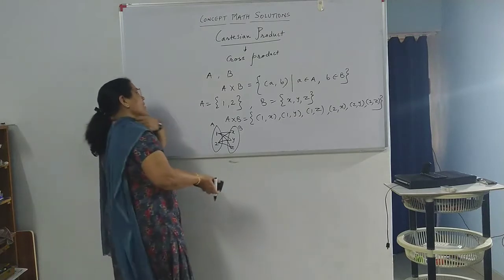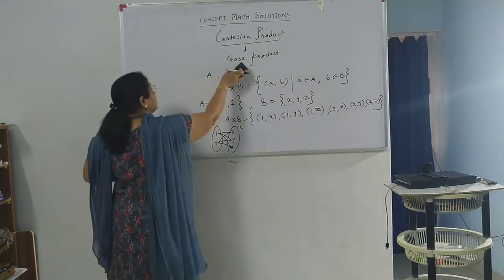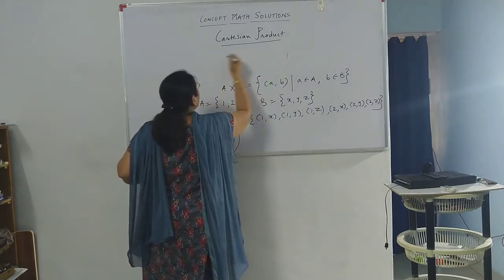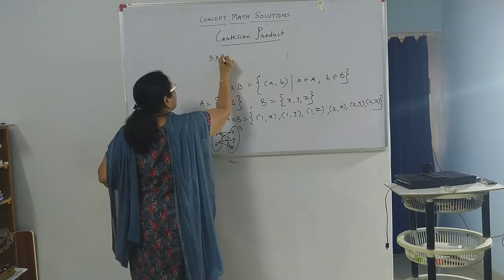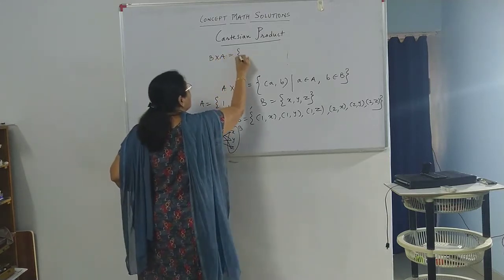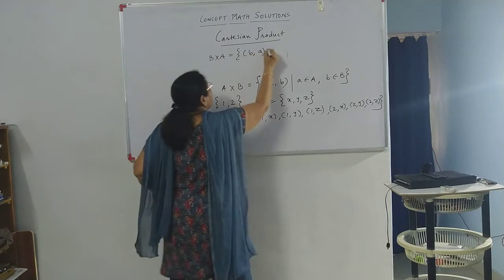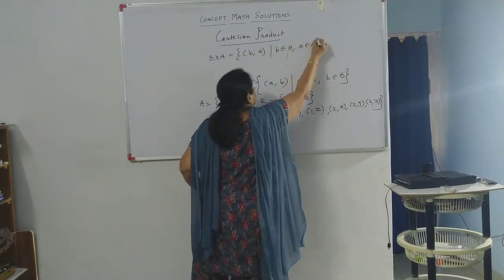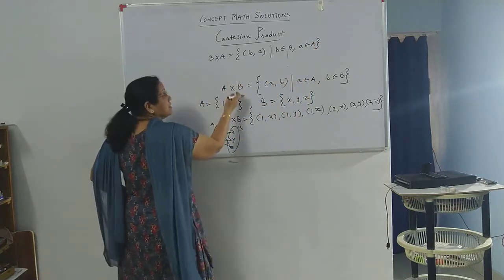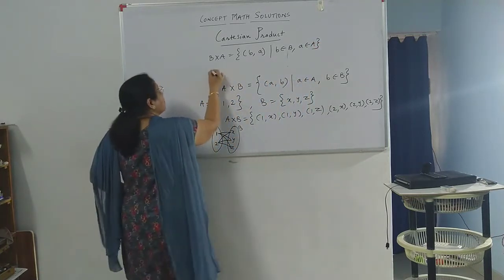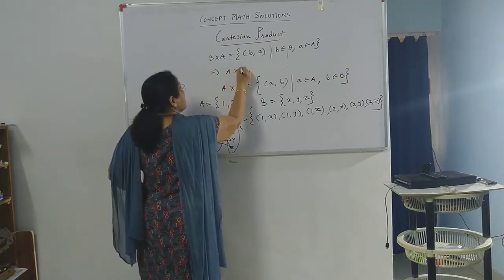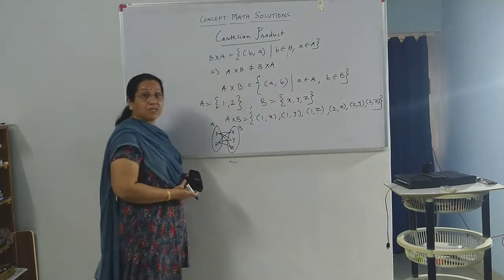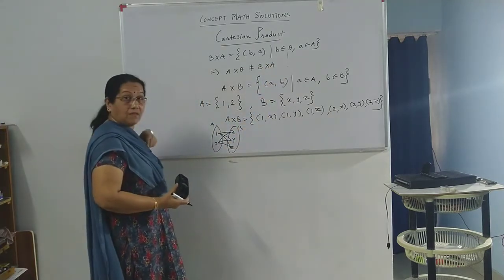That gives us a simple and very obvious conclusion that if I have A cross B, then it is not going to be the same as B cross A. Because B cross A would be defined as (b, a) such that b belongs to B and a belongs to A. That means the definition itself tells you that A cross B is not the same as B cross A. That is, the cross product of two sets is not commutative.